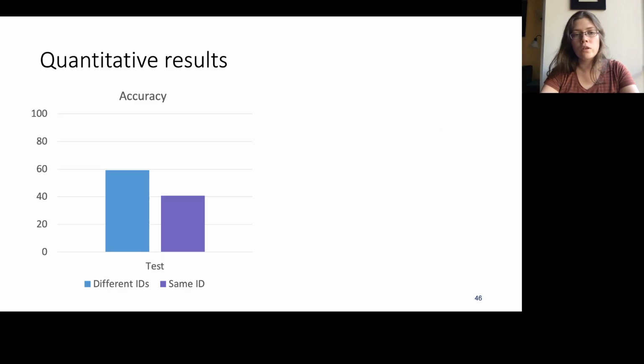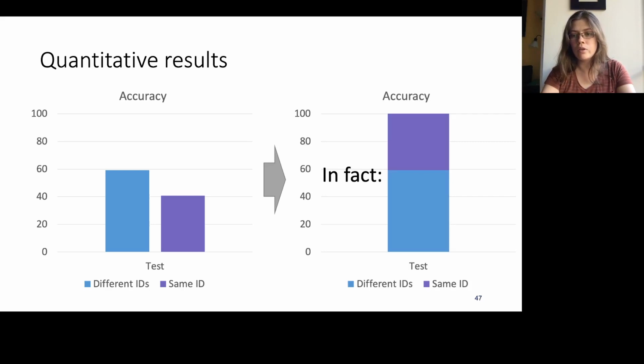Let's see what performance we can get if we just try 2 naive approaches. So same ID, that is always predicting person 1, and different IDs, that's predicting a sequence of 1, 2, 3, 4, 5, etc. So these are the numbers, and not surprisingly, they sum to 100 because they simply reveal how many times in our data set the pairs are the same ID, that is about 40%, and about 60% of the time it's a different ID.